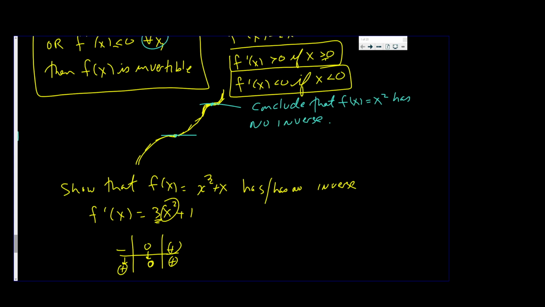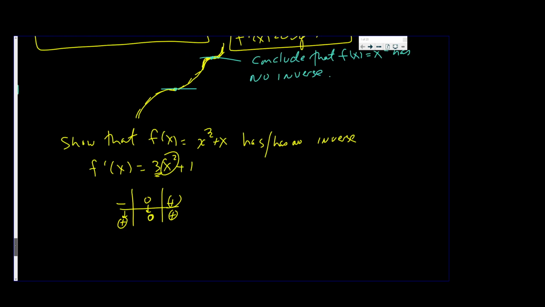Well, if you add 1, this will stay positive. That would become 1, which is positive. And that's positive. So this is greater than 0 for all x. That implies f of x equals x cubed plus x has an inverse. The derivative is always positive.